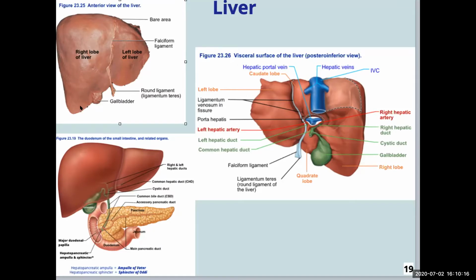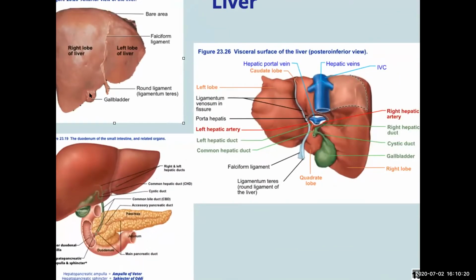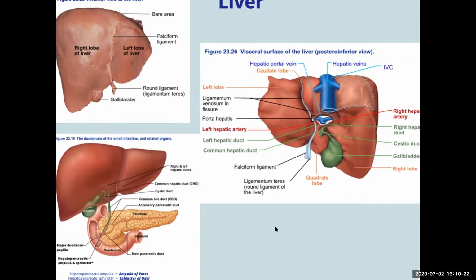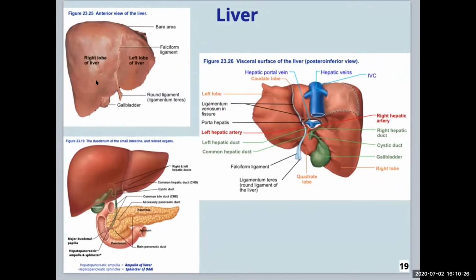Now, let's take a look at the gross anatomy of your liver. Your liver on the anterior side, you can see the right lobe, and then there's the left lobe. Dividing them is the falciform ligament that attaches your liver to the anterior abdominal wall.